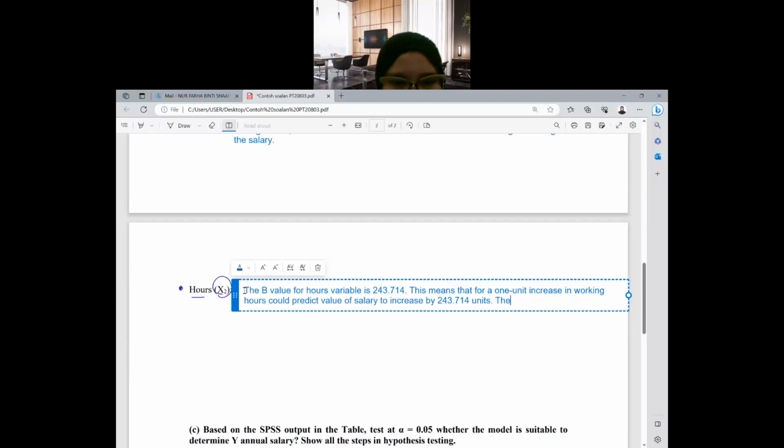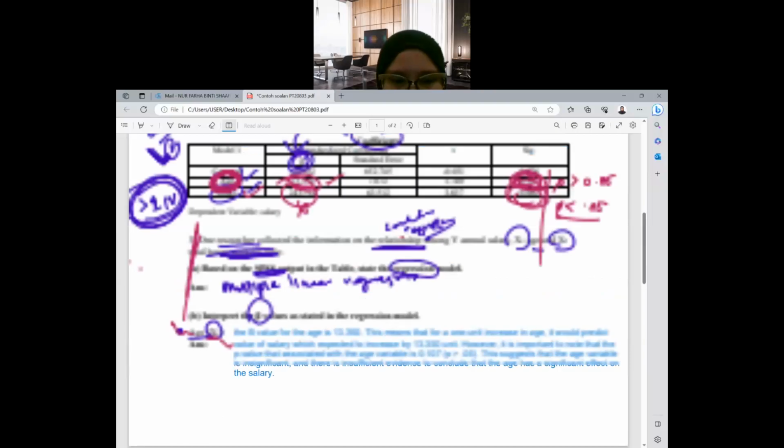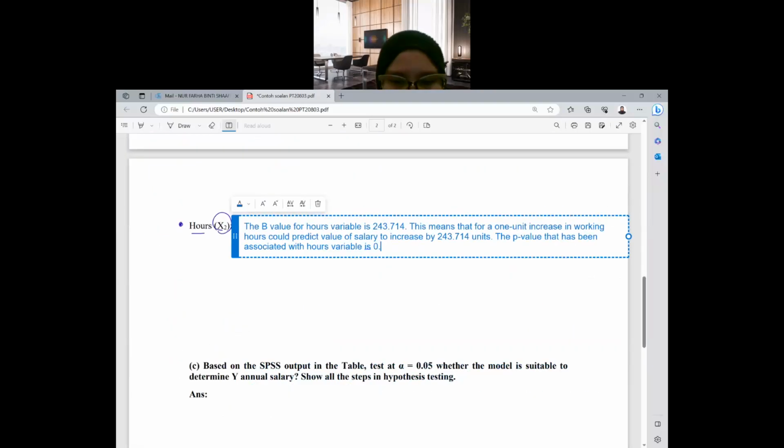The p value associated with the hours variable is how much? 0.002, in which p is less than 0.05, and if less than 0.05, the null hypothesis is rejected.